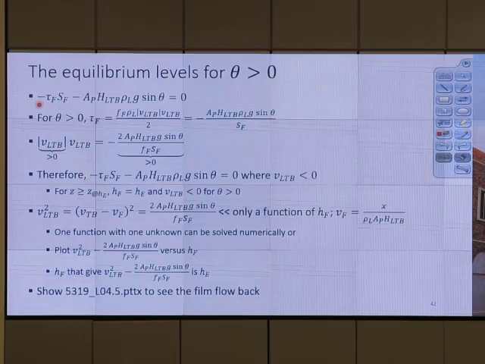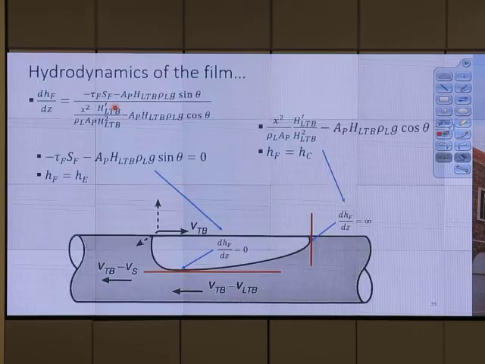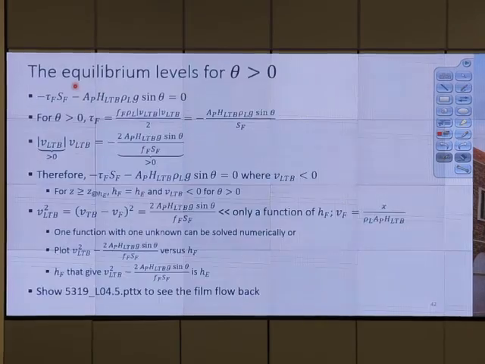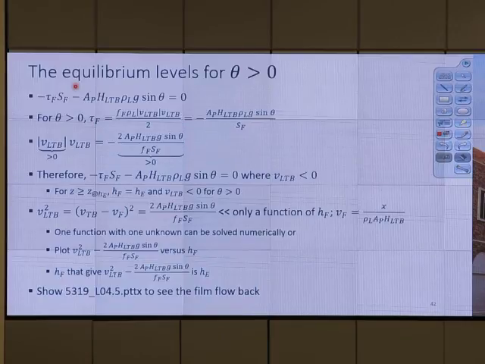Let's take a look at this equation one more time. The top part that we get here is from the numerator part of the Dukler-Hubbard model: minus tau F S_F minus A_P h rho g sine theta. That's the top part. When we try to find equilibrium film height, we set it equal to 0. When we set it equal to 0, this is what we get, and we get V_LTB less than 0.